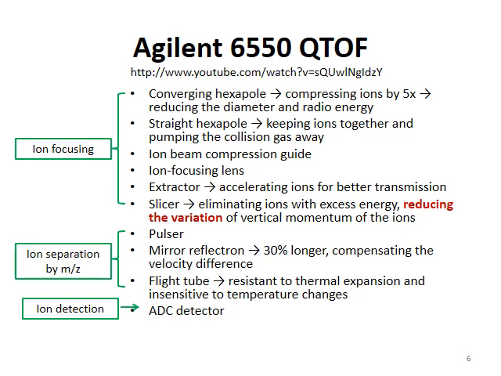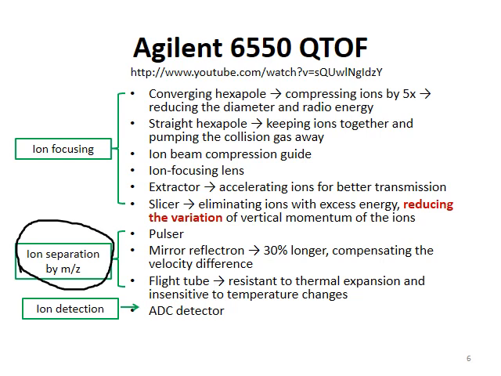There are a few parts that help the ions to be fully ready: conversion hexapole, straight hexapole, ion beam compression guide, ion focusing lens, extractor, and slicer. You can read on each of the function of the part, how they actually prepare the ions before entering into TOF analyzer. And inside the TOF analyzer, how the ions are separated by their m over z.